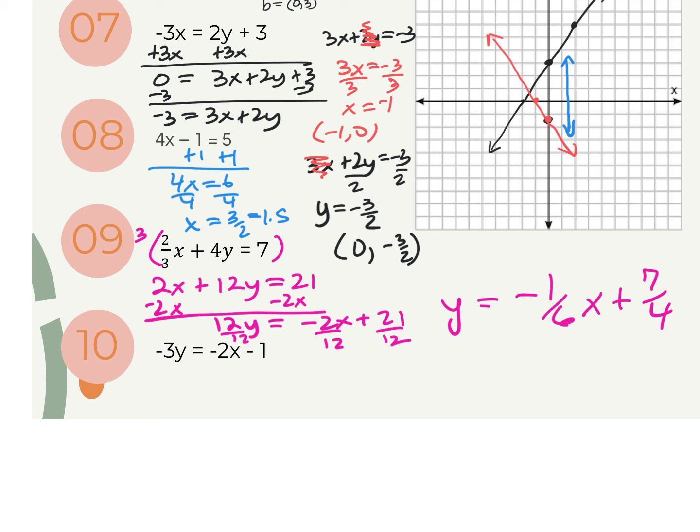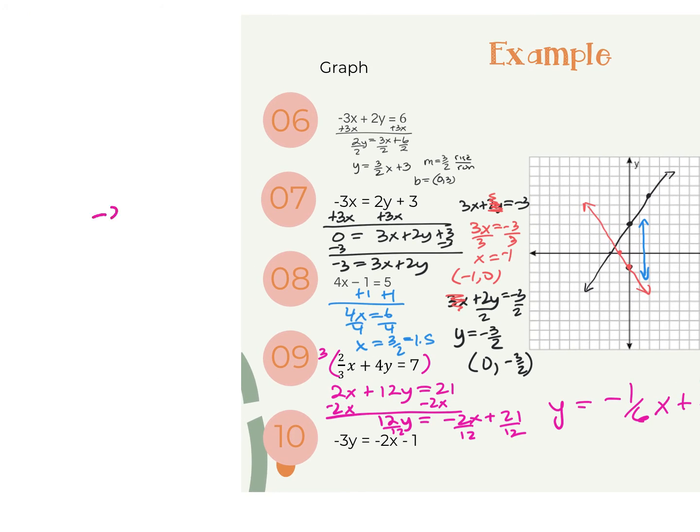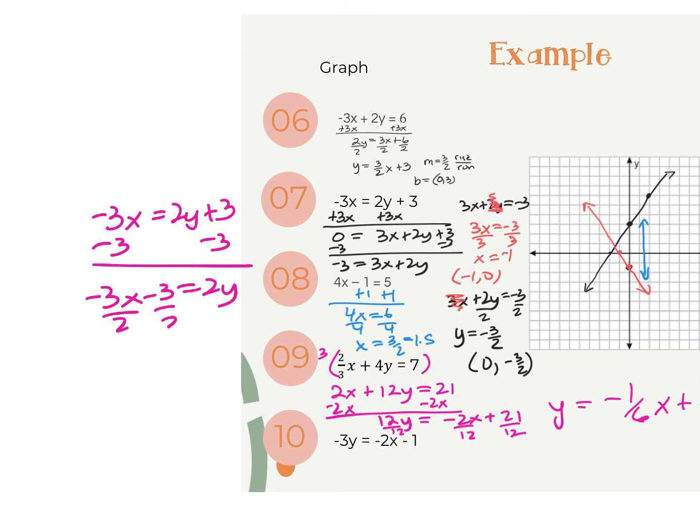Yes, you could have. Absolutely. So if I did number 7 into y equals mx plus b, negative 3x equals 2y plus 3. Move the 3 over. Negative 3x minus 3 equals 2y. Divide everything by 2, and let me just rearrange it.